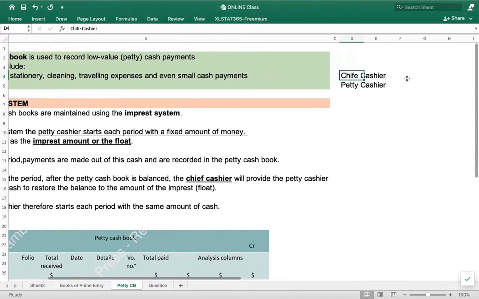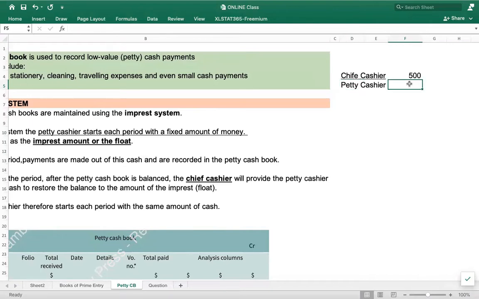Let's say I decided that any cash transaction of 1,000 or above will be handled by the chief cashier. Or let's say 500. Any cash transaction of 500 or above, the chief cashier will handle. But if a cash transaction is less than 500, the petty cashier will handle it.